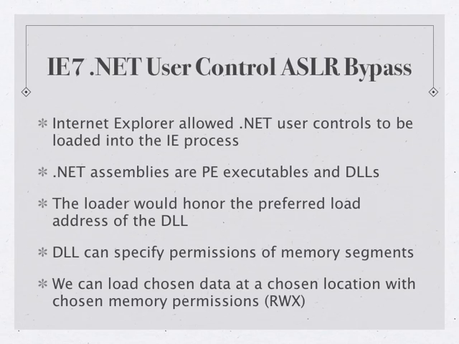You could do that by creating a .NET control where the load address and the protections in the PE file would actually tell Internet Explorer to load it there, which was a pretty cool trick. Microsoft fixed this in IE8 by only downloading .NET user controls from the intranet zone. So they wouldn't load them from the internet, only from the local network. So that's an example of how you get around ASLR.